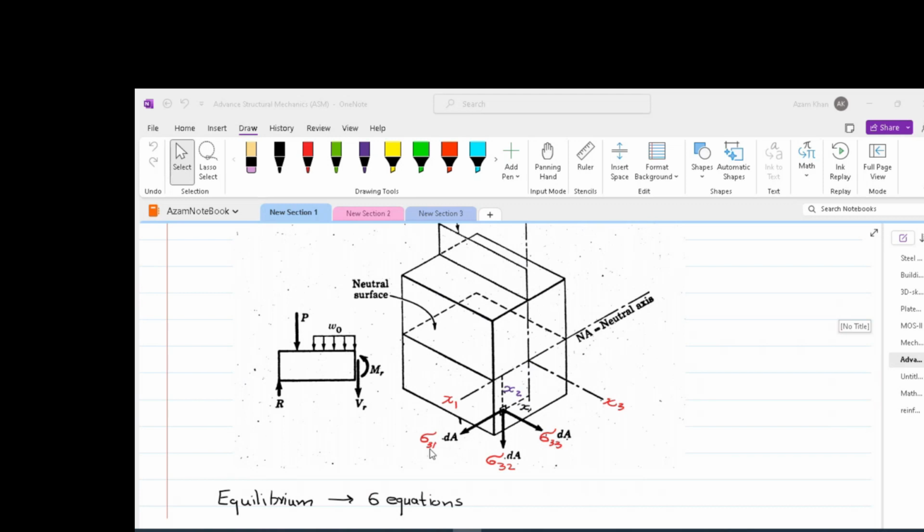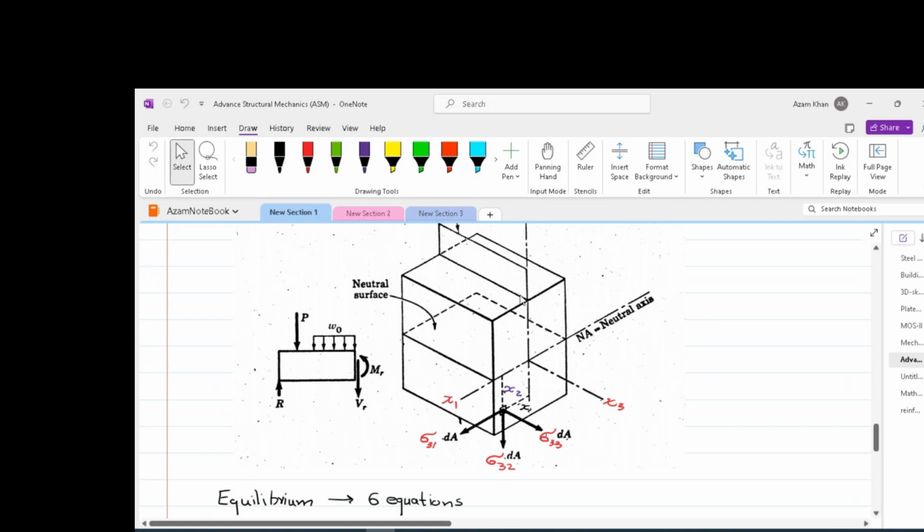So now stress 31 would mean that we are talking about exploratory surface 3 having outward drawn normal in x3 direction, and the stress is resulting from a force which is in the direction of x1. Similarly, stress 32 would mean the same exploratory surface with a force applied in direction x2. Please note that on every surface we have got two shear stresses and one axial stress.